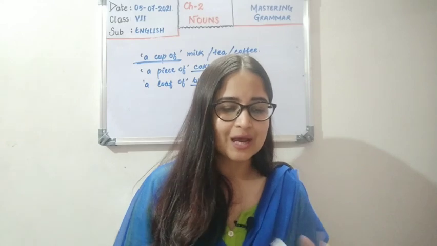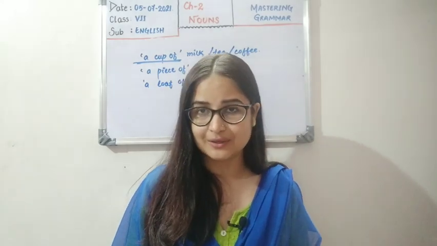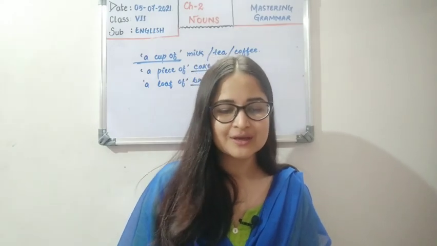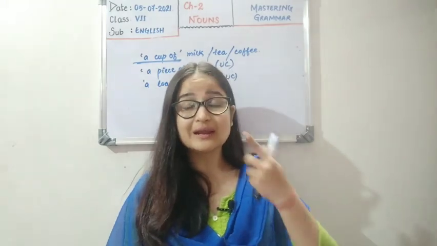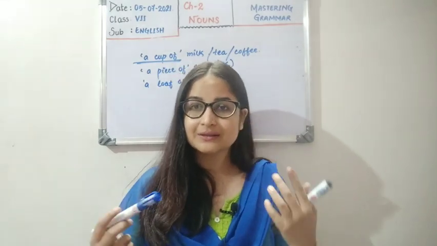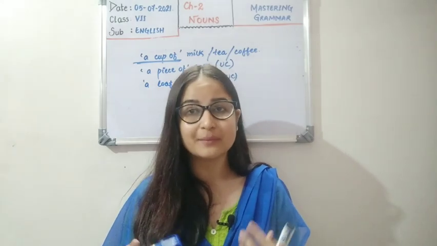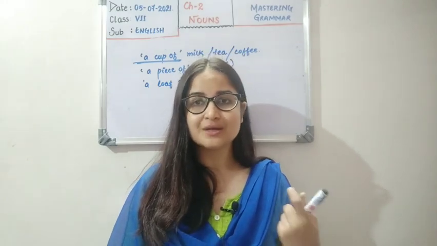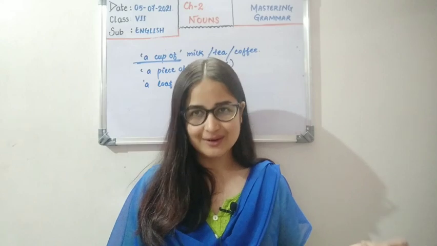Okay children, now you should remember abstract nouns are also always uncountable. Okay, they are uncountable, and they take singular verbs. That means you cannot make a plural out of it. When I am telling you that they are uncountable nouns, that means what? We cannot make a plural of it. Like when I told you that proper nouns are uncountable nouns, you cannot call me Shwetas, right?